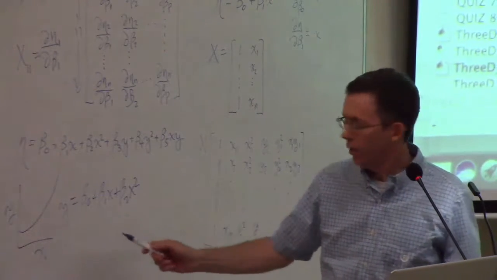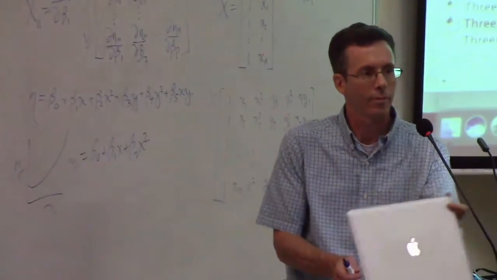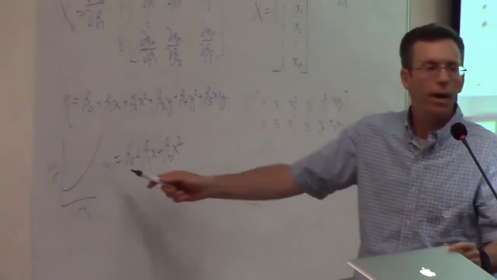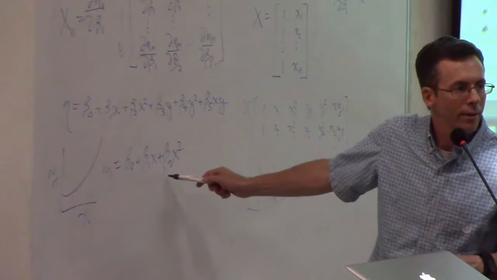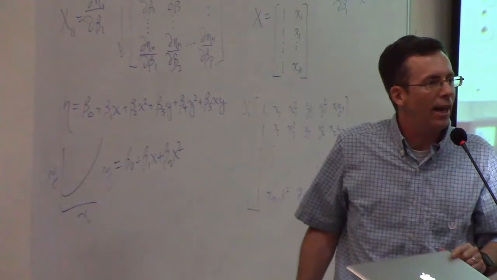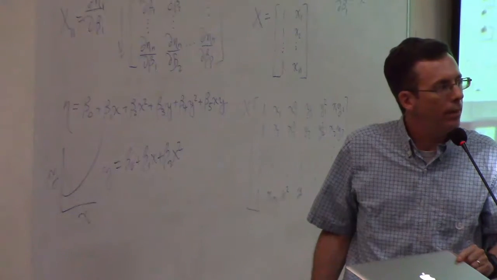This model, can you see it? This model is nonlinear with respect to x. We're not interested in that. We're interested in whether it's linear or nonlinear with respect to the betas.